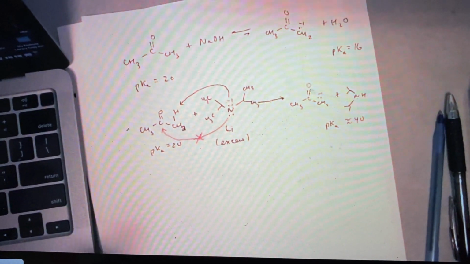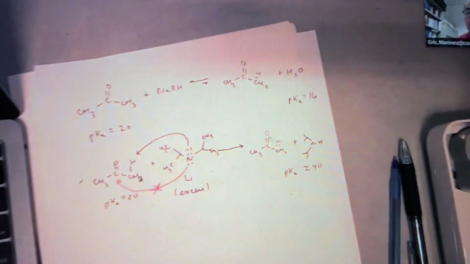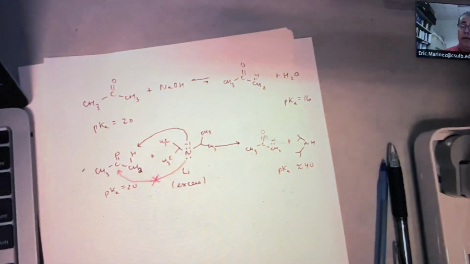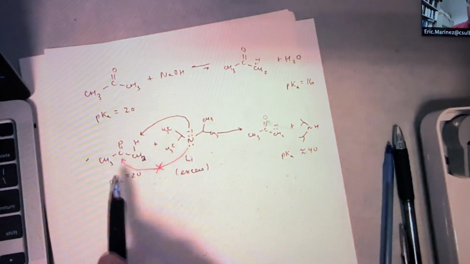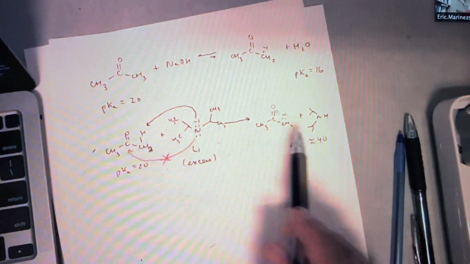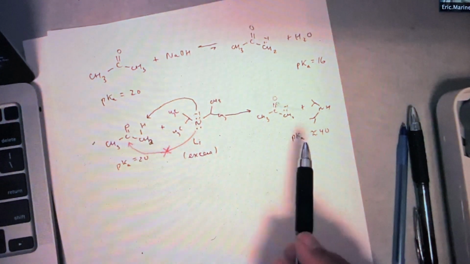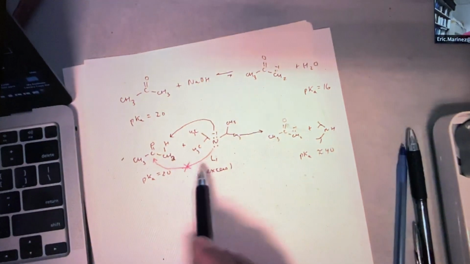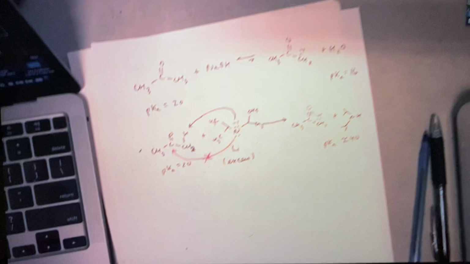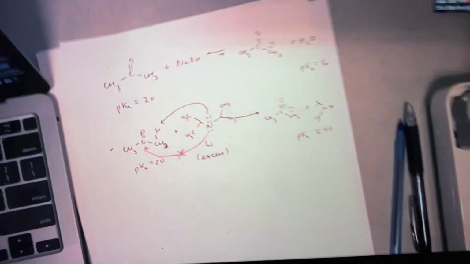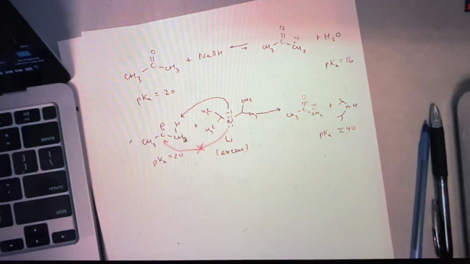So there are others, but again, specifically for our course, I just want you to recognize that LDA is a strong base. What does that mean? Well, it drives this equilibrium all the way to the right to enolate. And because it's hindered here, it only functions as a base and not as a nucleophile. Okay, thank you. All right.